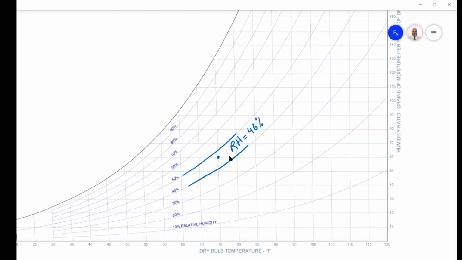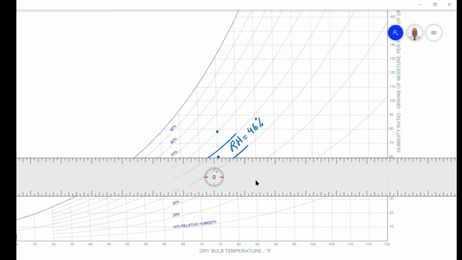What happens if we increase the relative humidity, meaning if we move this point a little bit upwards, closer to 50? Let's say we increase the relative humidity to 60%, which is here. So the point goes from there to here, and that is adding water to it. Look what happens to the grains of water.